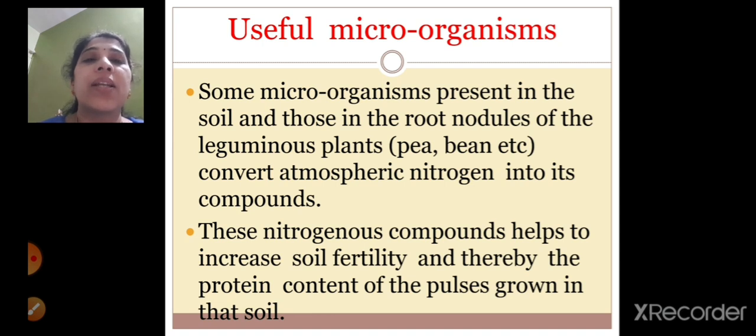Then I told you children that there is an institute called the National Center for Cell Science in Pune, which does research in cell structures, right, and that is called cytology and biotechnology also, right. Then children, we saw about the growth of the microorganisms, where these microorganisms grow.